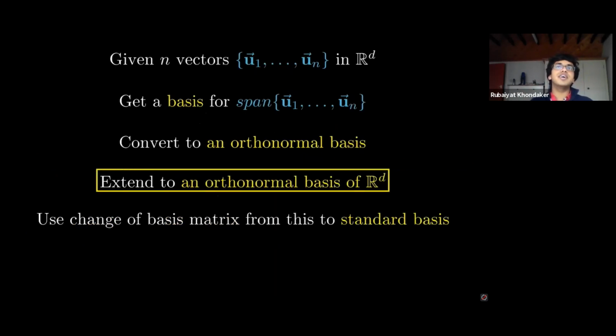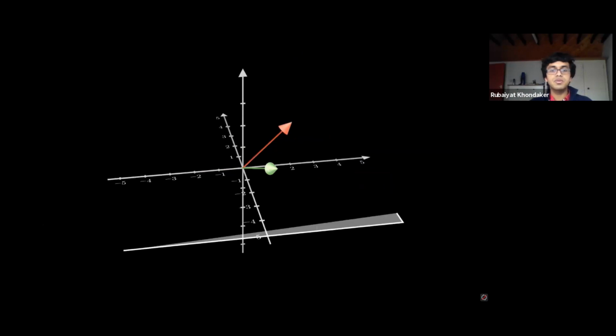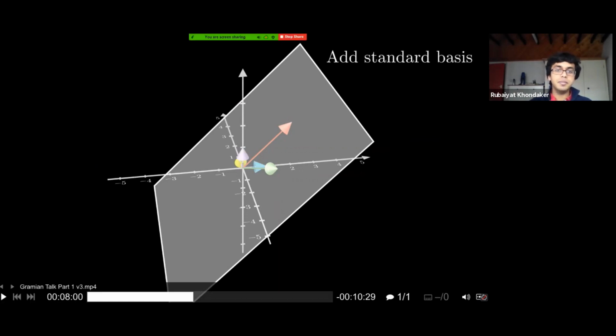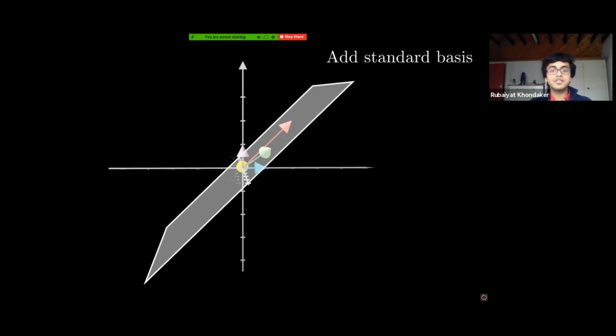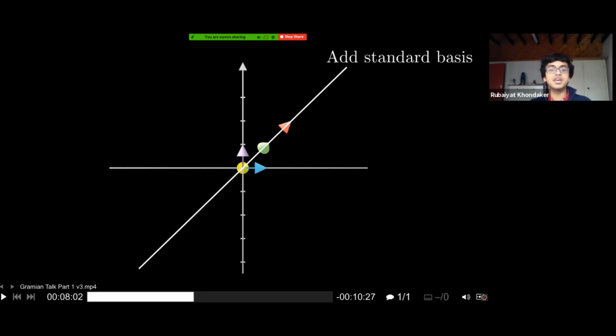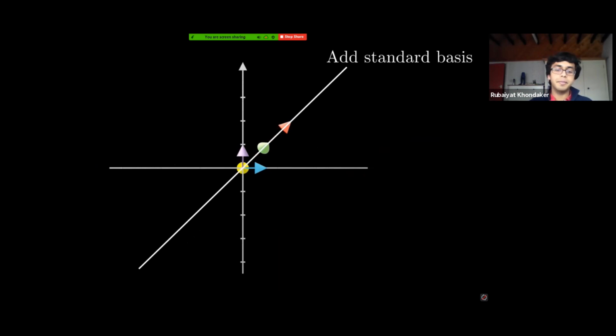So now let's see, how would you extend this to an orthonormal basis of the entire space? Well, we've got v and w there, and their span is that plane, which I've just rotated there. What you do is you add the standard basis. So here that's i hat, j hat, k hat. If I rotate this, you can see that the blue and purple vectors aren't in the span because they don't lie in the plane.